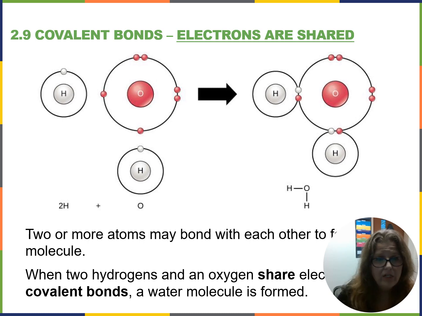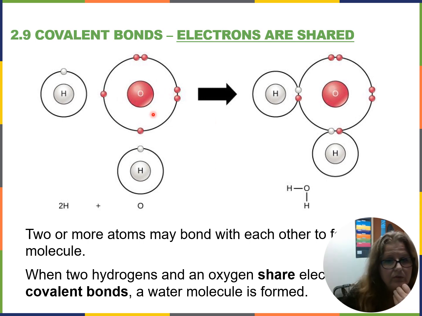Let's talk about water, one we're going to talk a lot about. Up here, we have an oxygen atom and 2 hydrogen atoms. And if you look, the hydrogen atoms each have a single electron, and they actually have space for a second electron in their single shell. Whereas oxygen has 6 electrons, but it has room for 2 more because it wants to have 8.